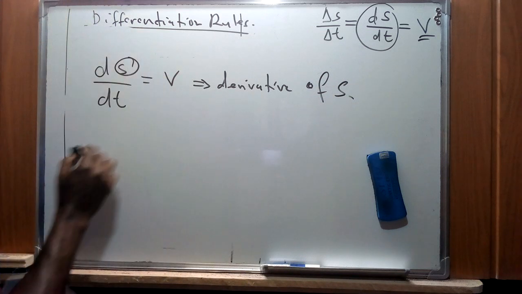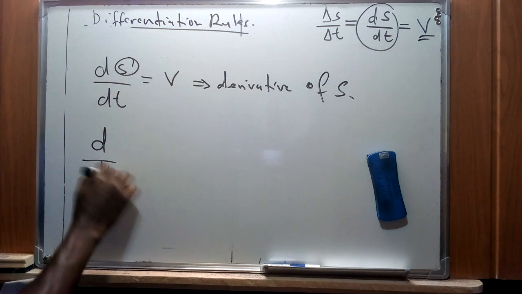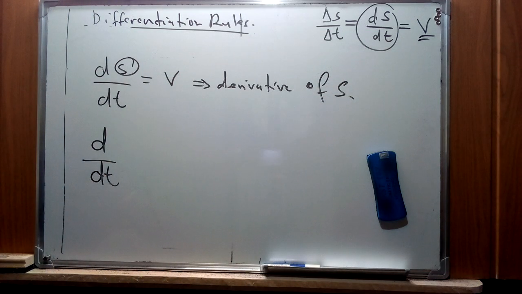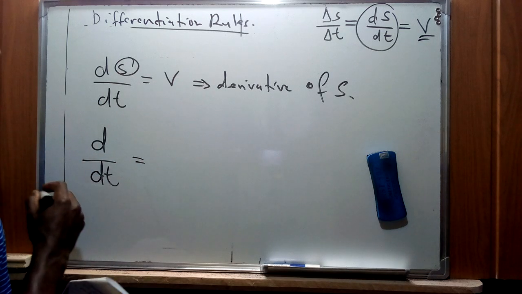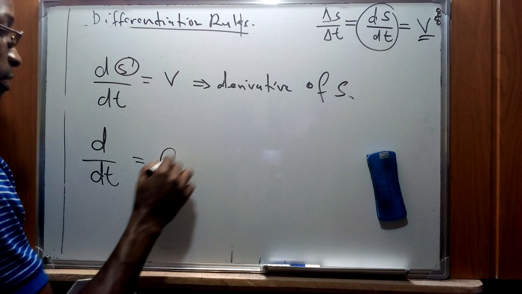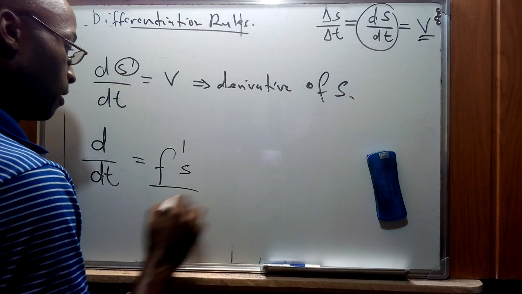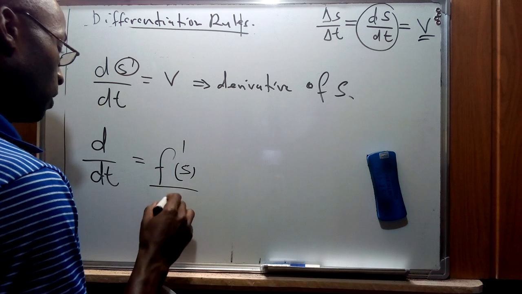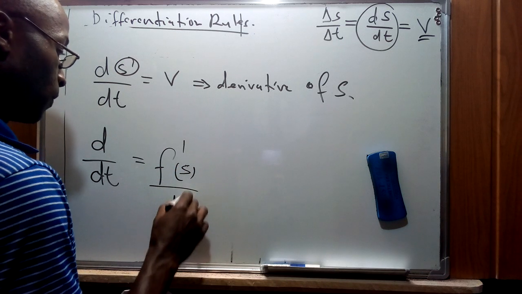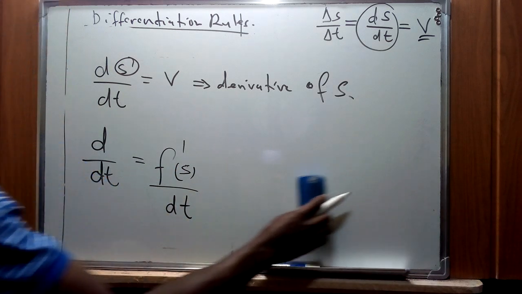So therefore we're going to see this particular function representing a derivative whereby in some cases it's going to be represented as a function of f with respect to t.